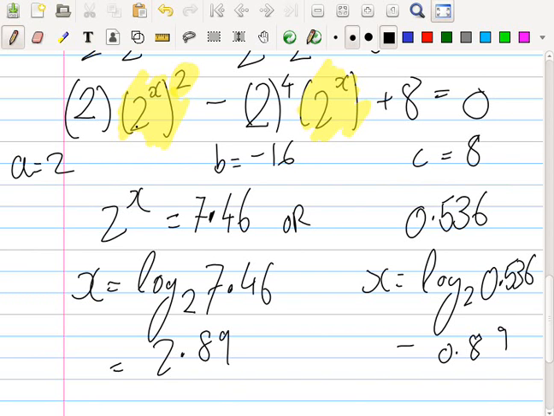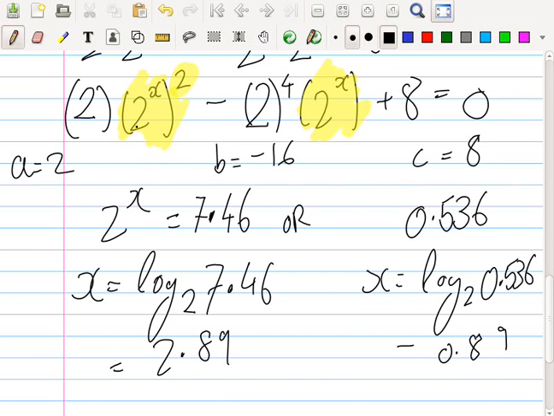You're solving for y, not y squared. So here, what are you solving for? X squared or x? X. Here, with 2 to the x squared, you're not solving for 2 to the x squared, you're solving for 2 to the x. So you have 2 to the x equals this.